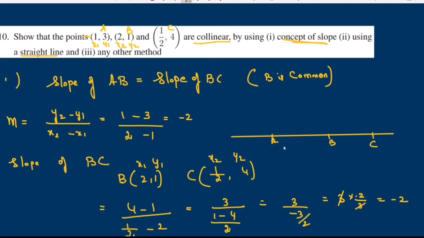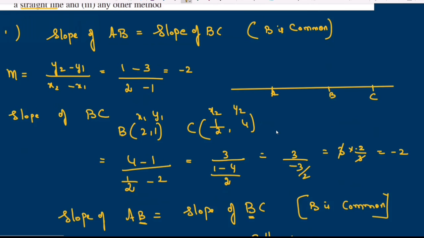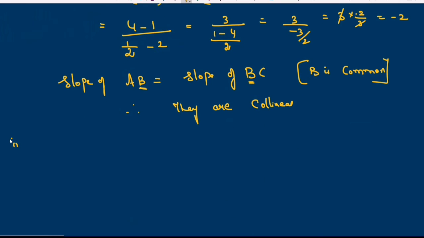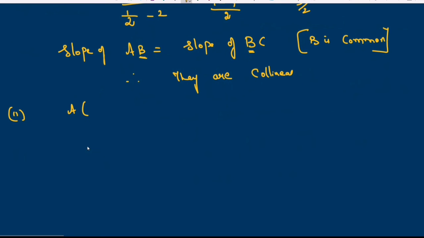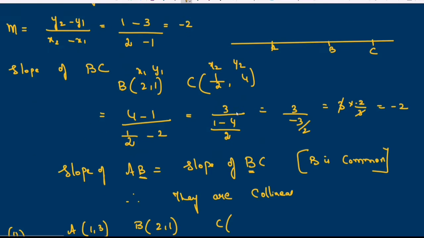First we form the equation of a line using the formulas, okay, 2-point form. So we get one equation, then you prove the third point is there. So let us, using the straight line, how do you prove? So the 3 points are, A is 1, 3, B is 2, 1, C is half and 4.